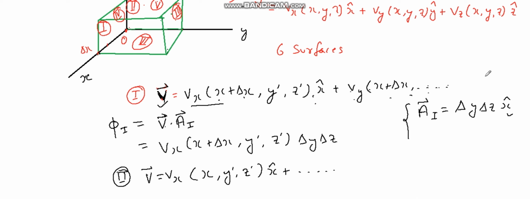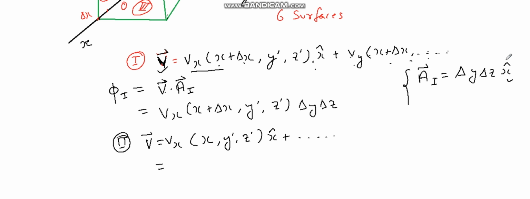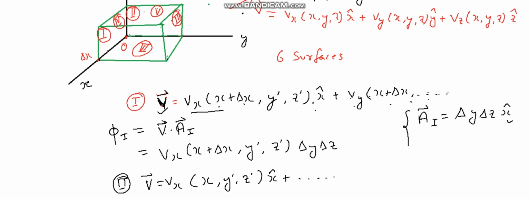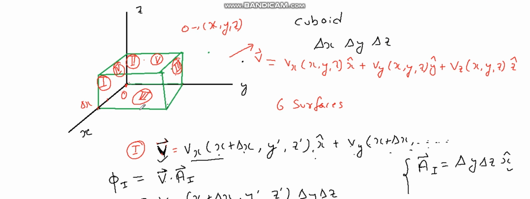Similarly, we are not interested in the other term because it is not relevant while calculating the flux. You can also assume that v has the x component, which is perpendicular to surface 1 and surface 2, while the other components, the y and z components of this vector field v, will be parallel to surfaces 1 and 2, so they will not contribute any flux.